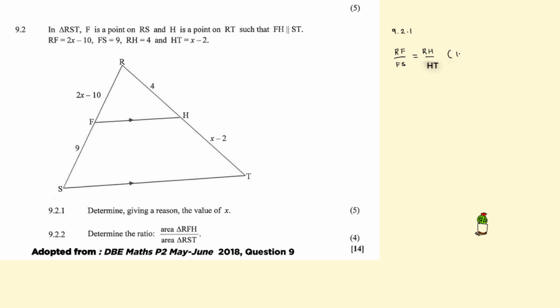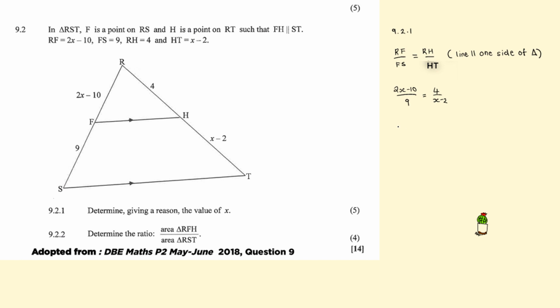And the reason for this is because we have a line drawn parallel to one side of the triangle. Okay. Now we just have to substitute. RF is given to us as 2x minus 10 divided by FS, which is 9, equals RH, which is 4, over HT, which is x minus 2.